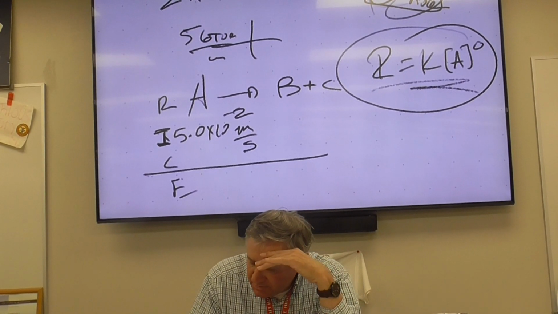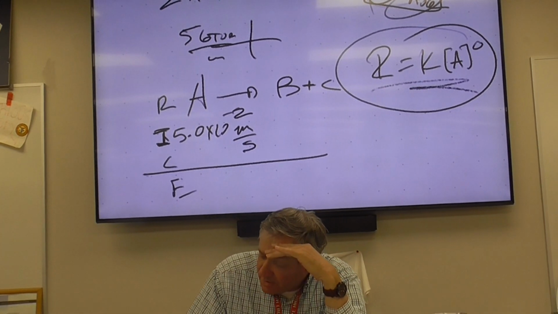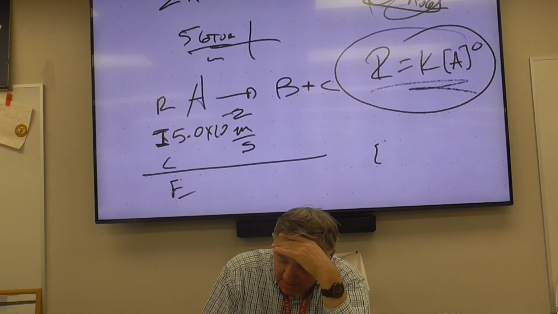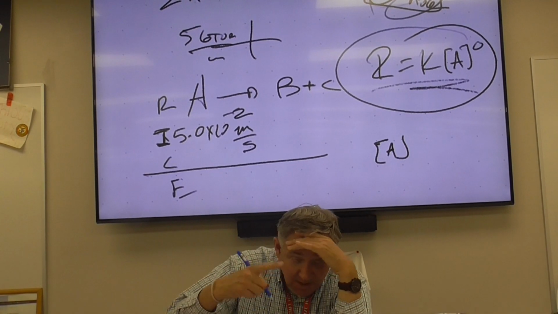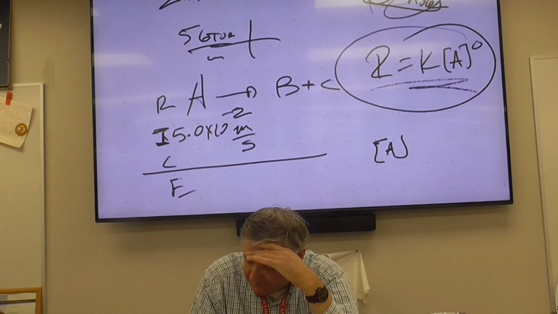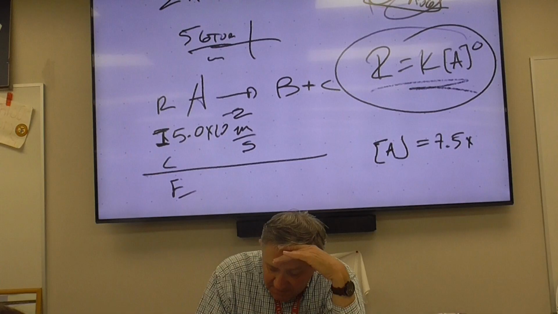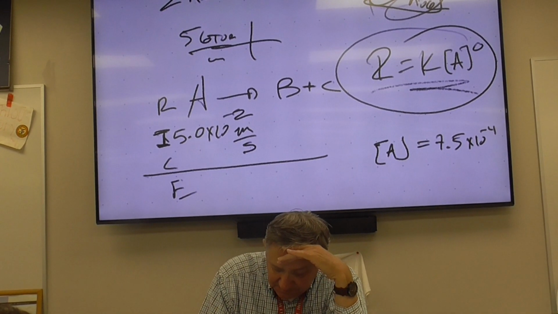When you do this and you plug in that time, you're going to get the new concentration of A. Trust me on this one. If you plug those numbers into the 0 order reaction, you get 7.5 times 10 to the negative fourth as your concentration.